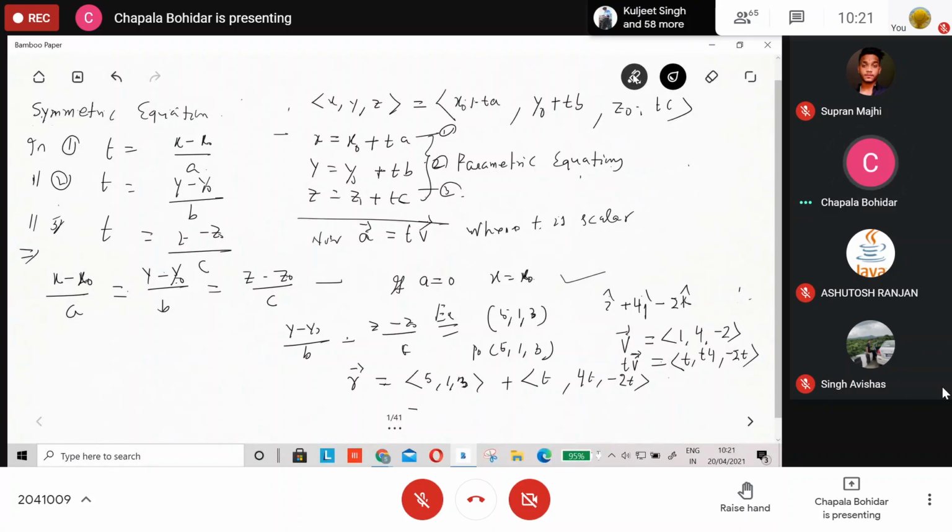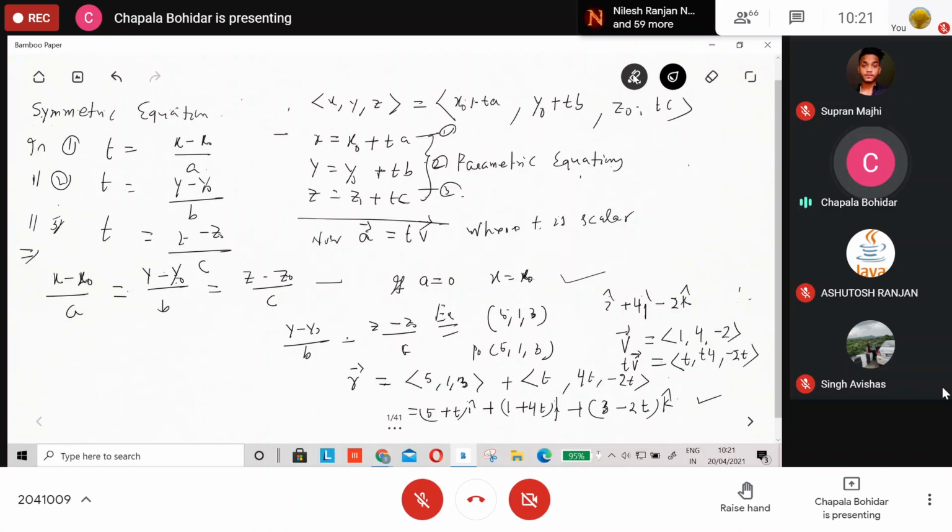I am writing here (5 plus t) i cap plus (1 plus 4t) j cap plus (3 minus 2t) k cap. Okay, this is the vector equation we get.